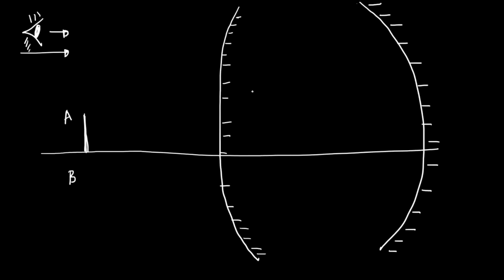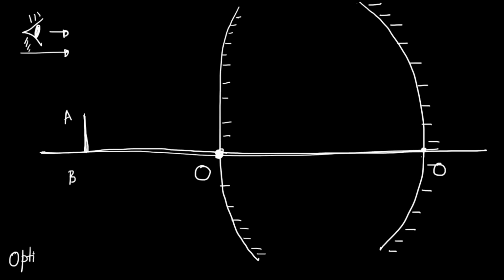Now this is called the optical center. Where the horizontal line meets the mirror is called the optical center, and O can stand for optical center, but more importantly, the convention is that O is the origin. So the optical center is also the origin of the coordinate system that we've been talking about a lot.